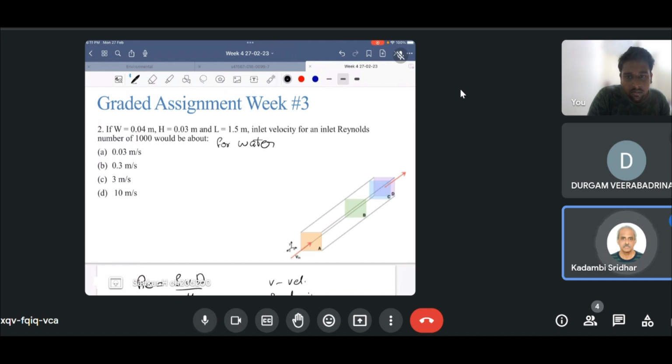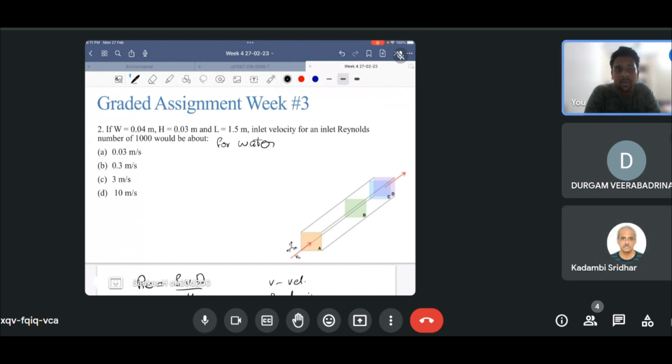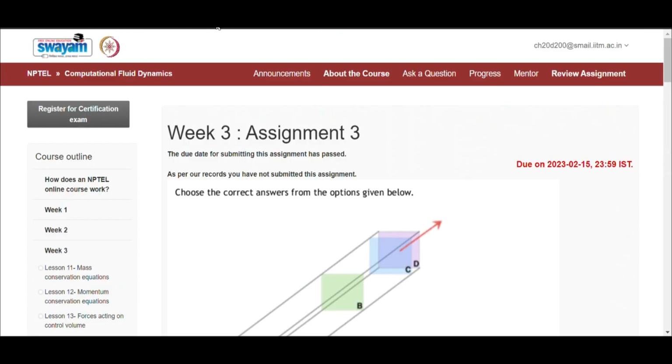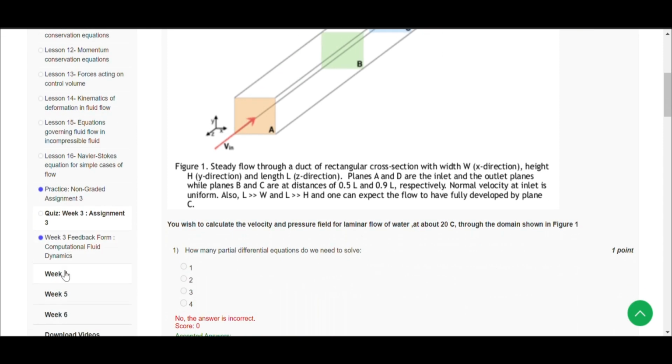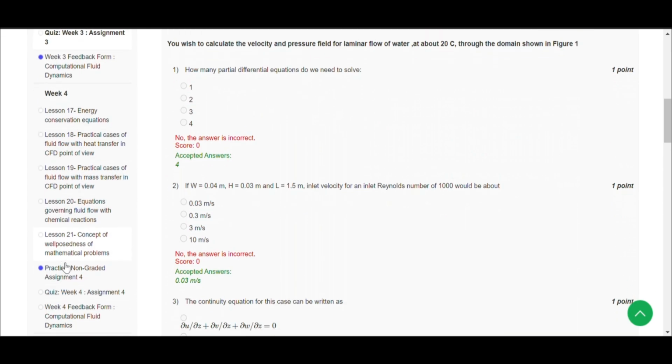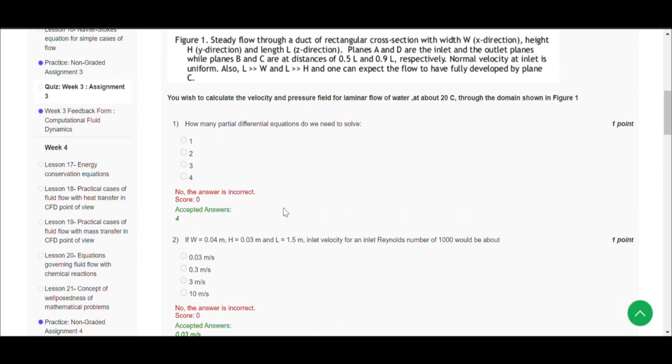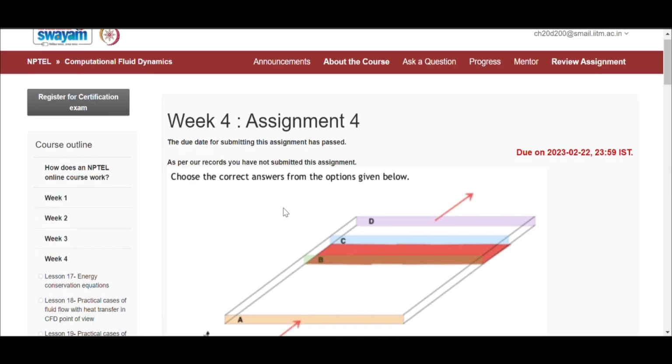Week 4 is already graded, correct? No, week 4 is yet to be graded. I thought the due date was around the 1st or something. Am I mistaken? No, hold on, one second. Week 3 is due on 15th. No, week 4 is due on 22nd, because I remember going through this last week.